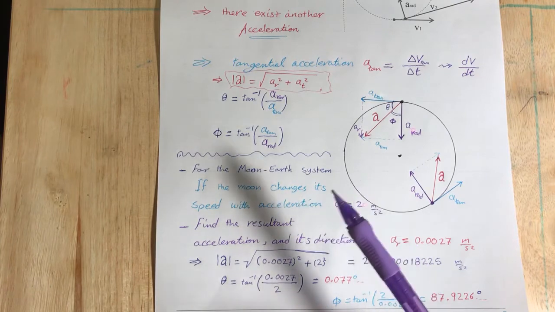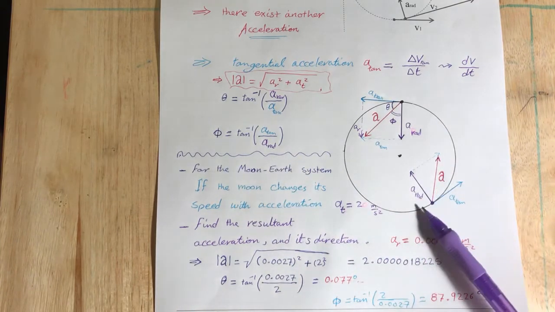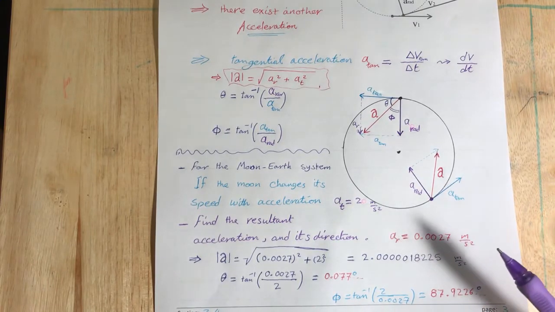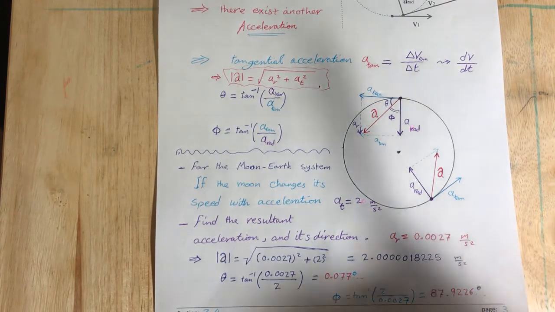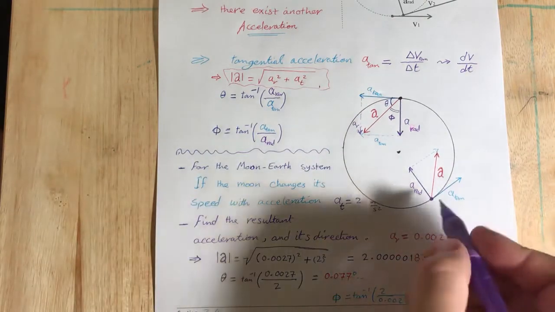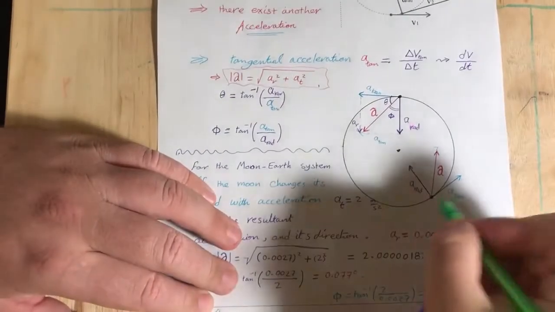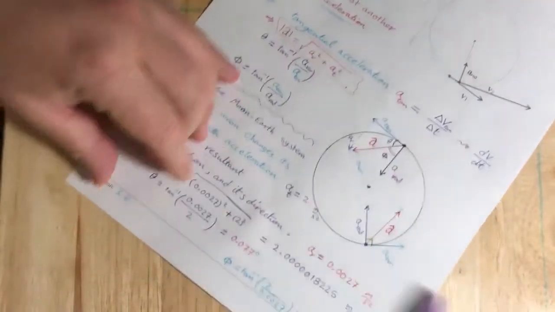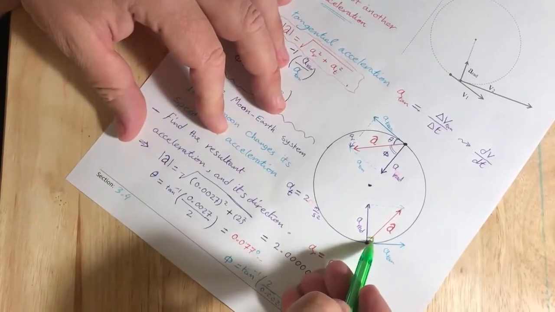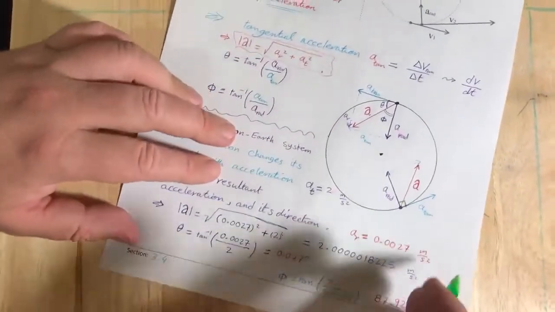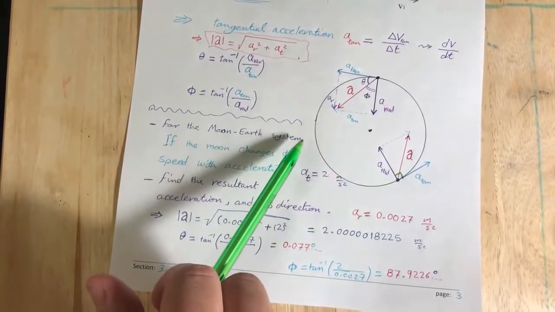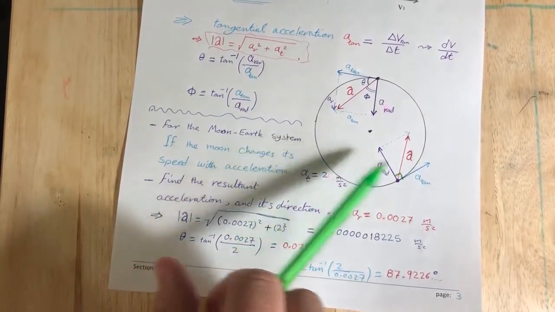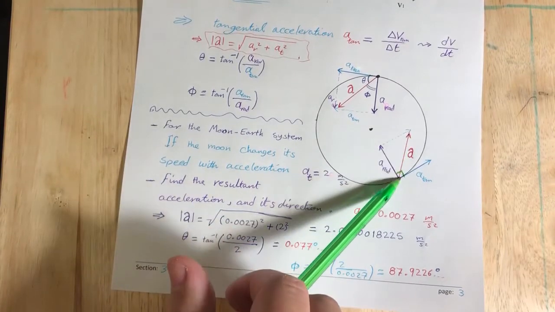Okay, now if we look, we have radial acceleration and tangential acceleration. In this case, we have two accelerations and the angle between them is 90 degrees. They are normal to each other. So we can find a resultant acceleration between them.